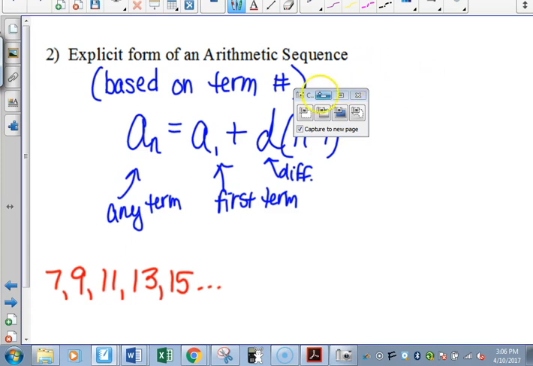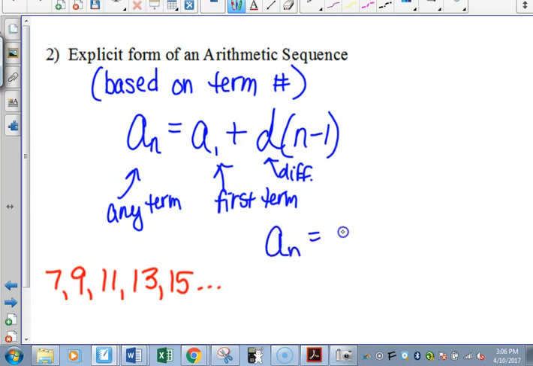So the explicit formula for that equation says to find any term later on, I'm going to take the first term, which was how much? 7, and add the difference. What did we decide the difference was? And I'm going to add it n minus 1 times.